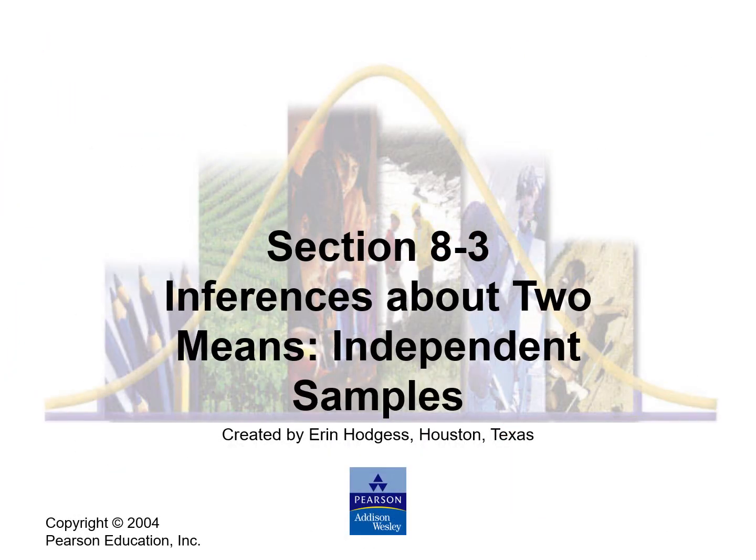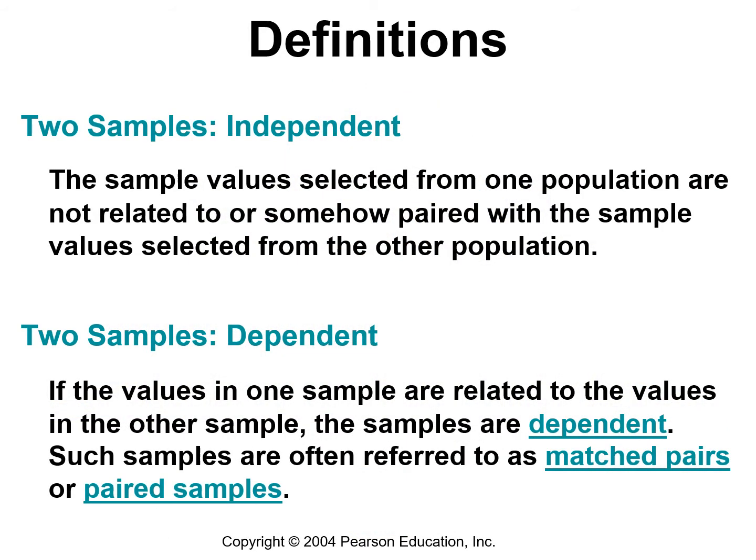Let us start with inferences about two means, independent samples, the first case. Before that, look at the definition of independent and dependent. For independent samples, the sample values selected from one population are not related to or somehow paired with the sample values selected from the other population.